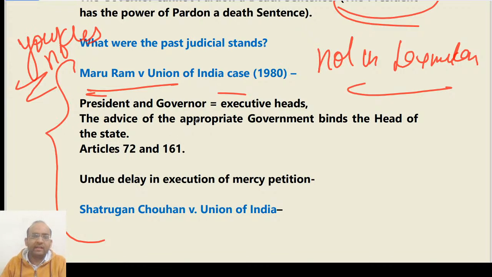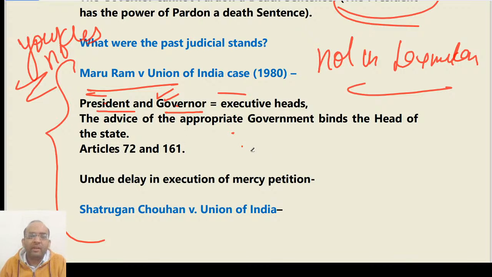Here it is said that president and governor have the power of pardoning, but this pardoning power is not a discretionary power. President and governor have to be bound by the advice of union and state executive respectively. The union and state cabinet advise the president and governor, and they are bound to act on such advice.